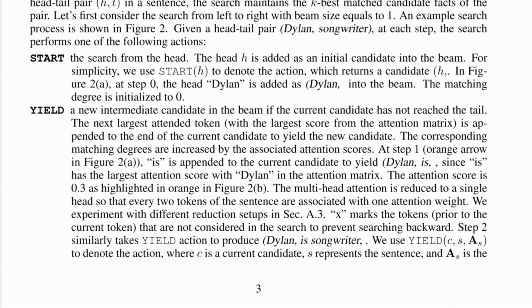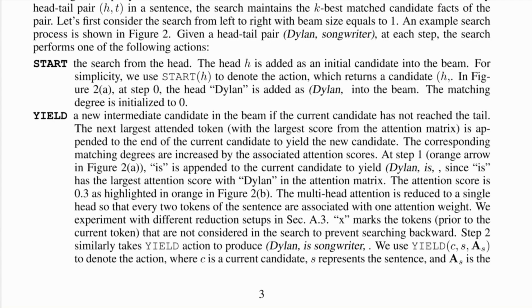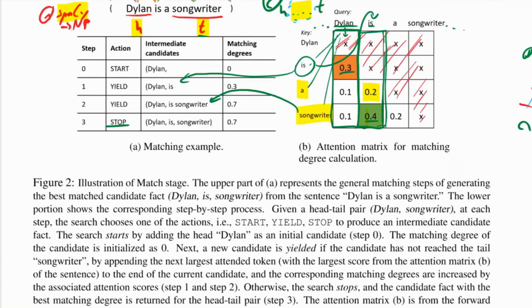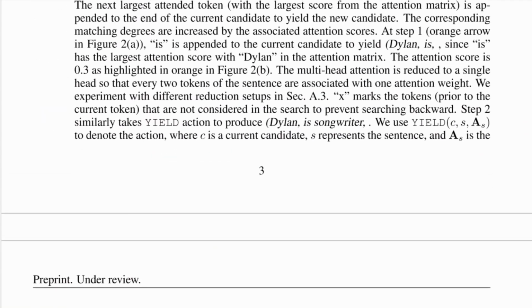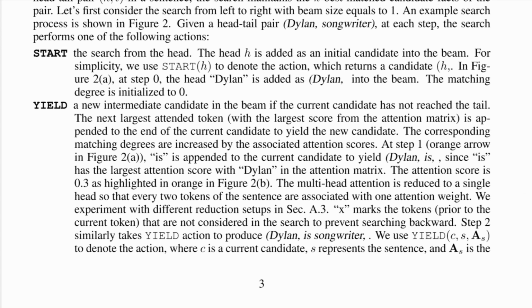It's described here, but it's described in this way where it has these actions like start, yield, and like this. Maybe I'm not understanding something, but it seems completely unnecessary to describe these actions. It basically says start the search from the head. The head is added as the initial candidate and so on.